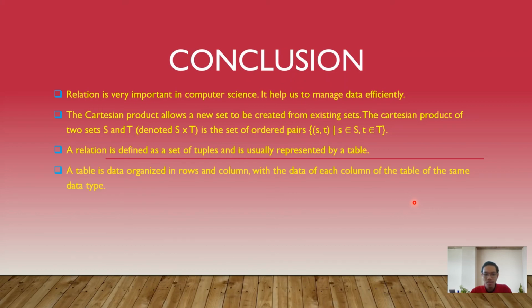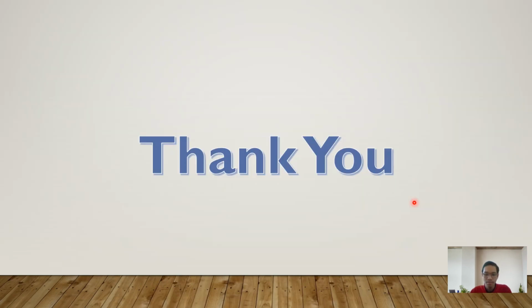A table is data that is organized in rows and columns, with the data of each column of the table of the same data type. Relations have one or more keys associated with them, and the key uniquely identifies the row of the table.